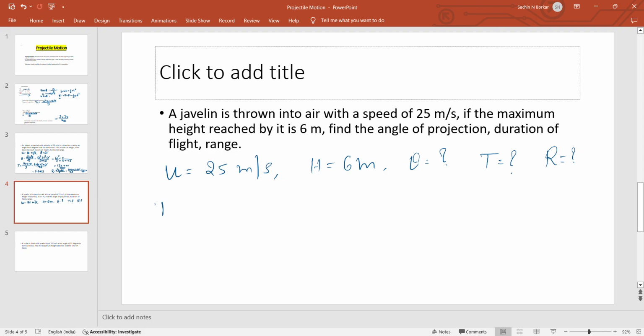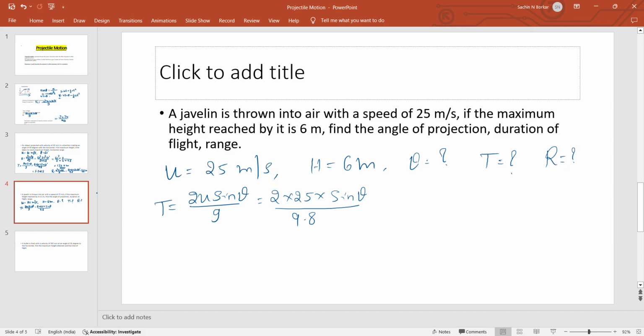So the time of flight T is equal to 2u sin theta by g, by 9.8. So still sine theta we don't know.